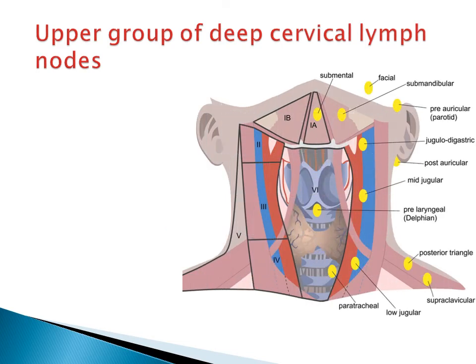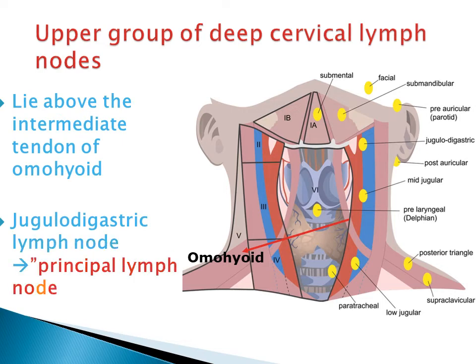The terminal group or the deep cervical group of lymph nodes is divided into an upper group and a lower group. What is the demarcation? The upper group lies above the intermediate tendon of omohyoid. You can see the omohyoid here. This is the intermediate tendon of omohyoid.